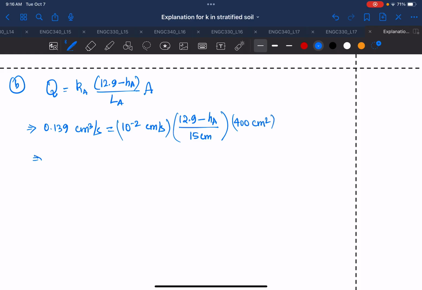And so HA will be equal to 12.379 centimeter.